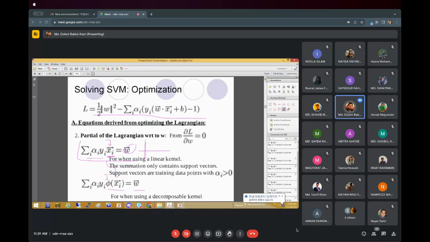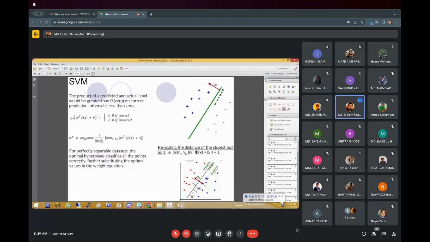As I have already mentioned the gutter in our lecture, if this is our decision boundary, or we can say hyperplane equation, w transpose x plus b equal 0, then if we consider that these are negative and these are positive, that means this is the support vector on our negative side, and this is the support vector on our positive side.